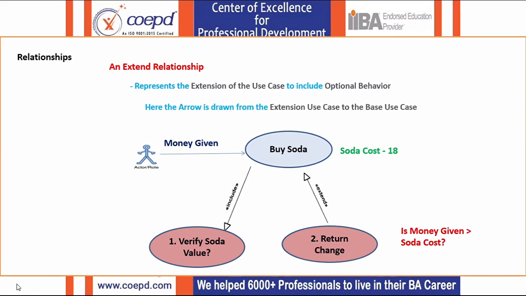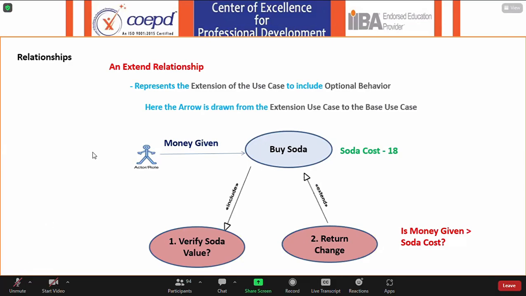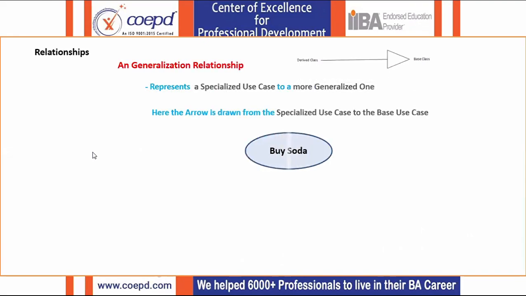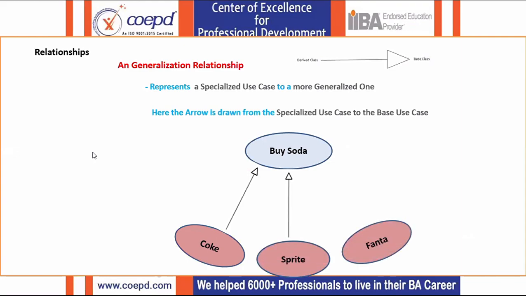And next. Here, is there just one flavor of soda? Now, if I want to adjust the soda with different flavors, and the customer can select any one according to his taste, then the soda can be given in different flavors.